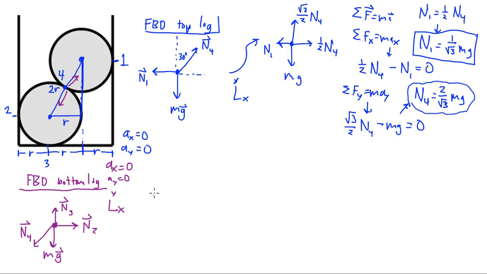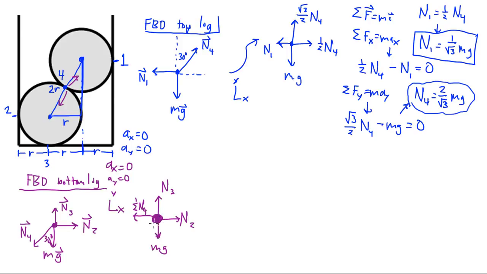Okay, so let's do components for the bottom log now. And we've got N3 going up, we've got N2 going to the right, we've got mg going down, and then we have N4 getting split 2 ways. So let's see, this is 30 degrees there, so this is 1/2 N4. Okay, and then make it bigger.